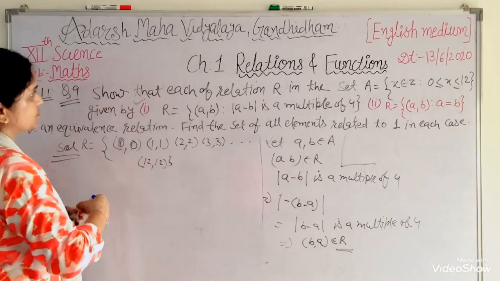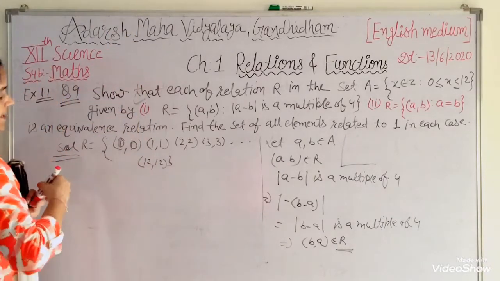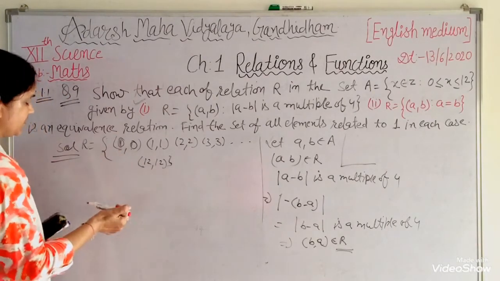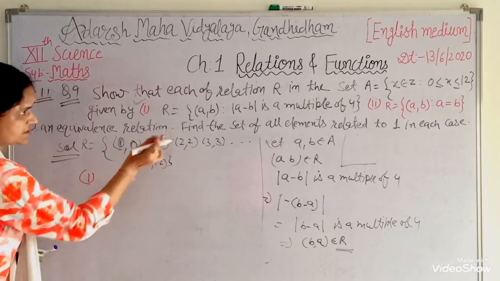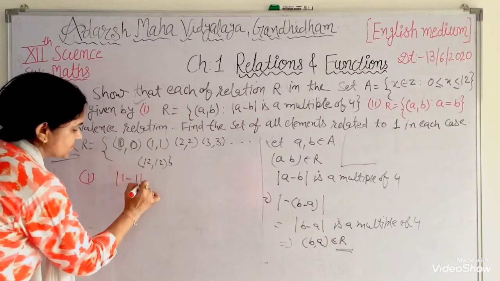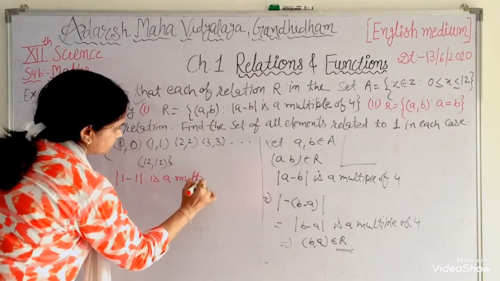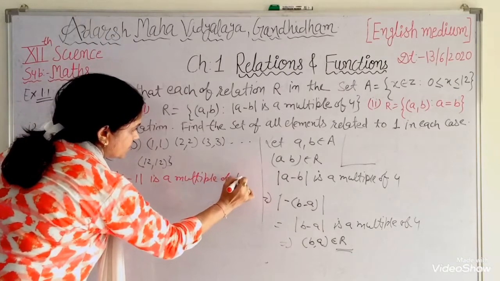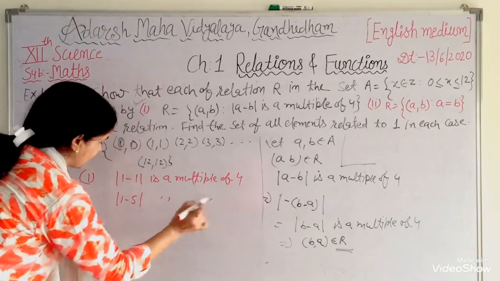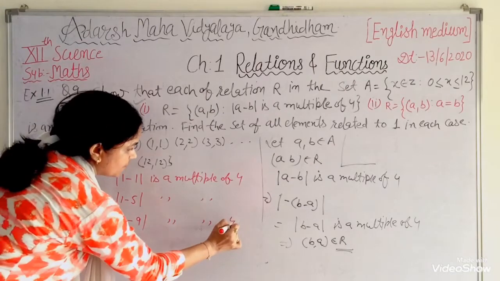From the first part, student, here if we relate 1, it will be related to 1. Okay, 1 minus 1. I am discussing the first part only. Okay, 1 minus 1 is a multiple of 4. 1 minus 5 is a multiple of 4. 1 minus 9 is a multiple of 4.